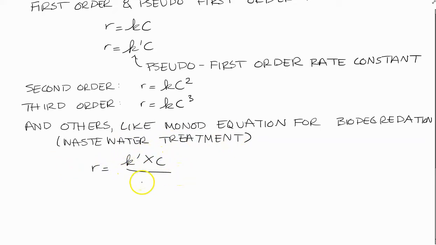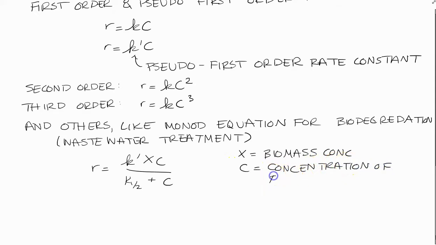So very, very common for wastewater treatment. Here you can see it's a much more complicated looking reaction rate, which includes X, which is your biomass concentration, C, which is the concentration of the reactant, and also K_1/2, which is the half specific growth rate of the microorganism.